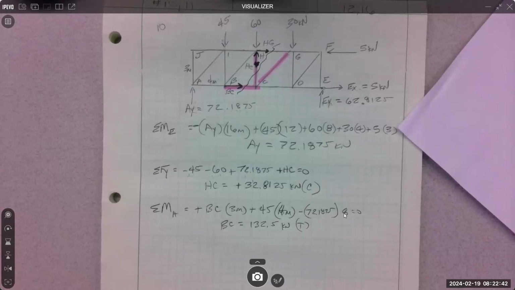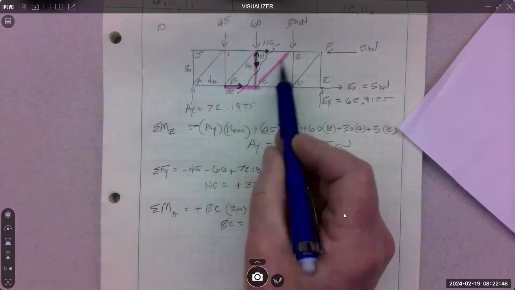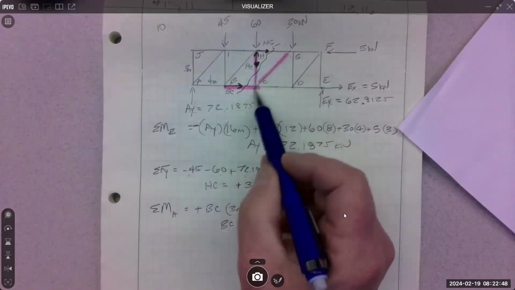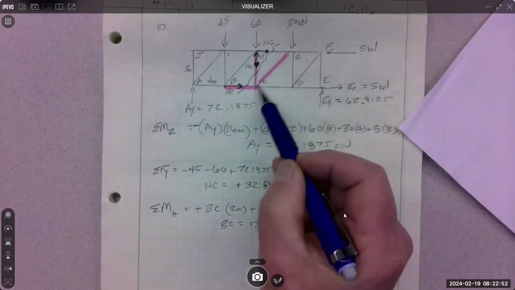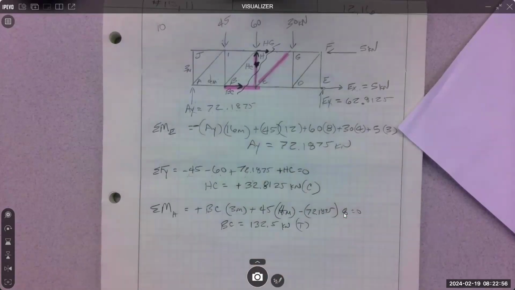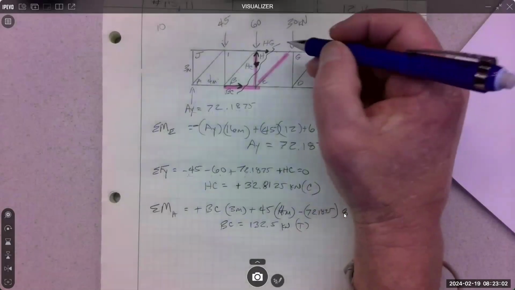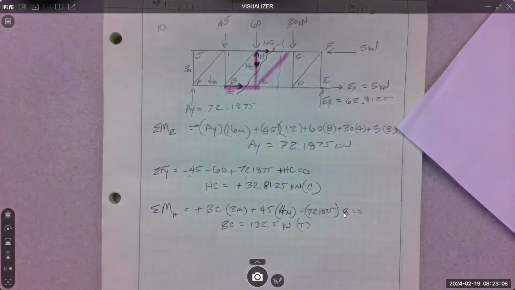Everyone see that? So we know this one now, and we know this one. The only one we don't know is this member here that has a Y component. So that Y component is going to be equal to HC. Could literally just trig that thing out. Or we can do another cut. So another cut would look like this, probably down through here.